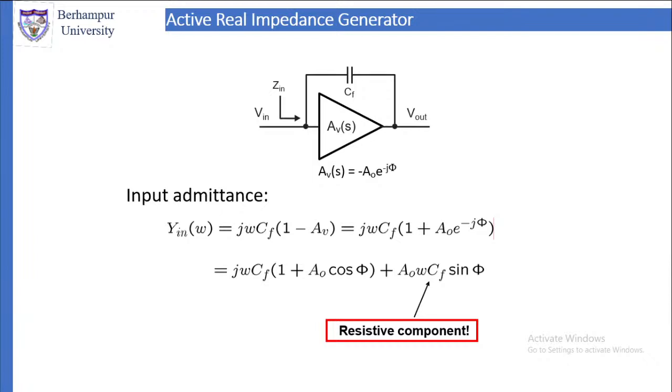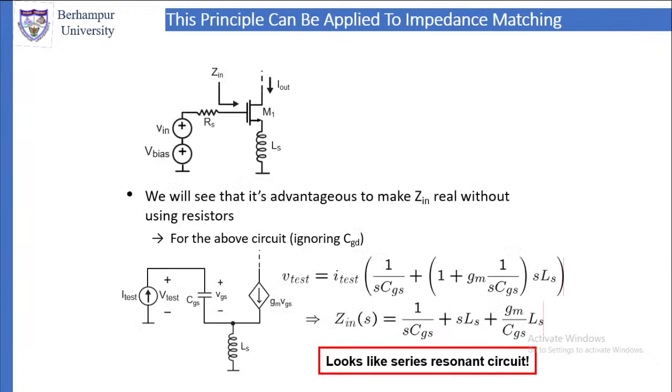So we have got a resistive component in the active real impedance generator. Now apply this principle to the impedance matching network. So for impedance matching, we will use that principle.